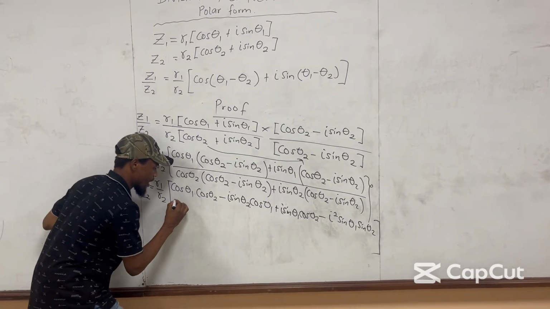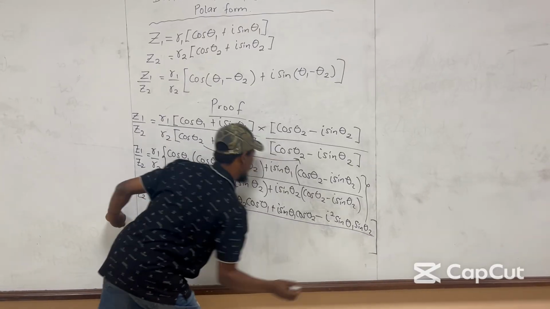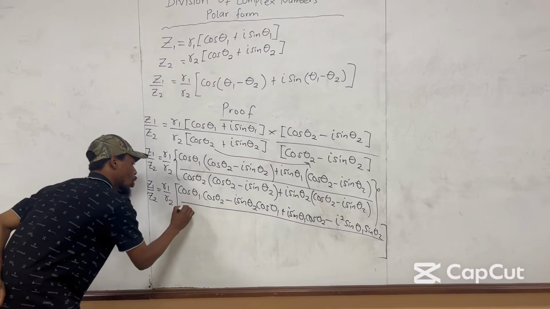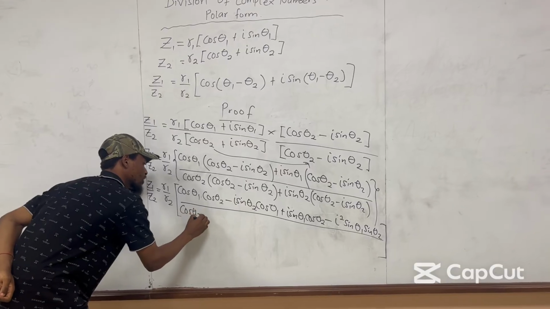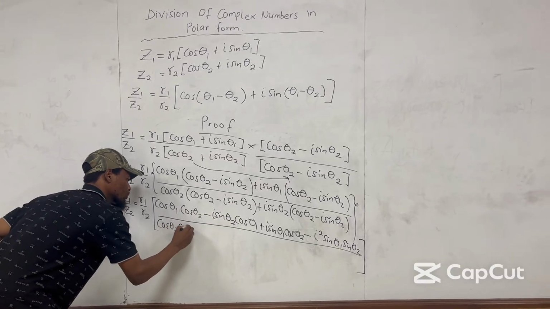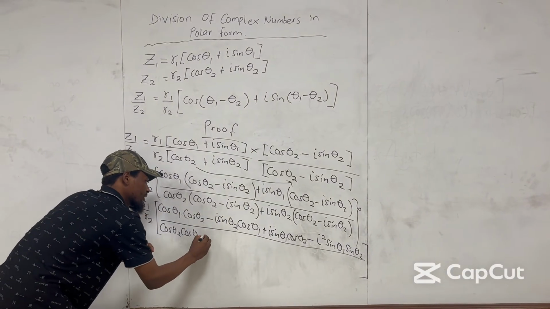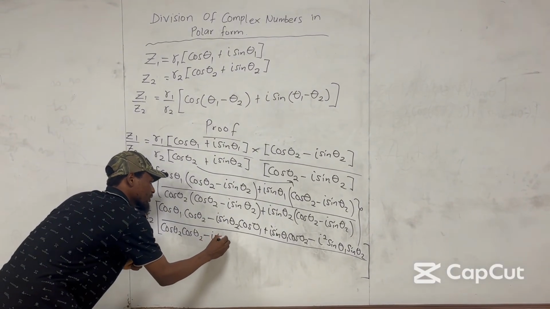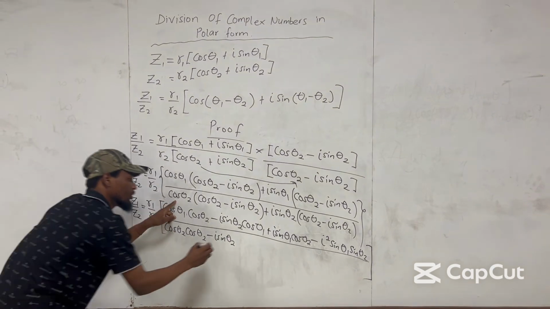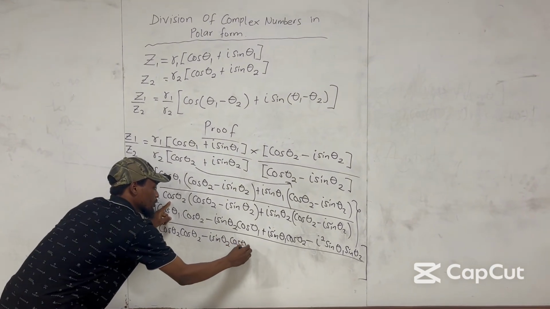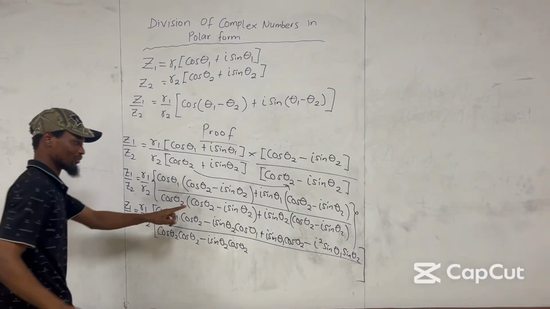Then all over this by this, we have cos theta 2, cos theta 2. This by this, we have minus I sin theta 2, then we have cos theta 2.